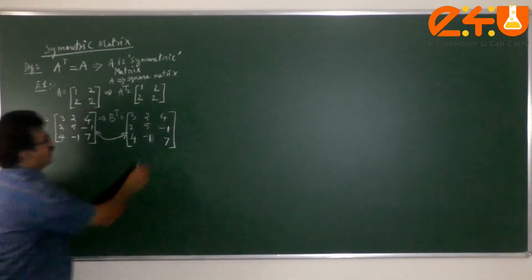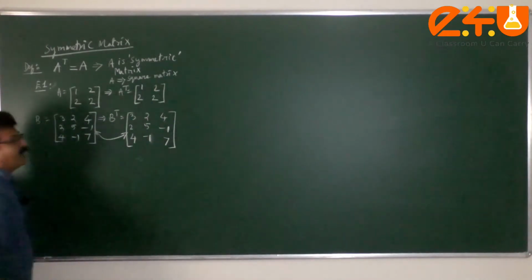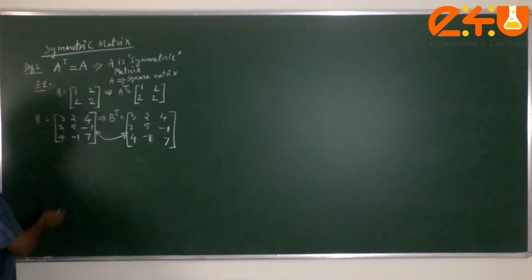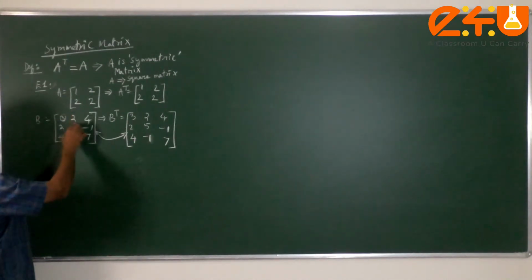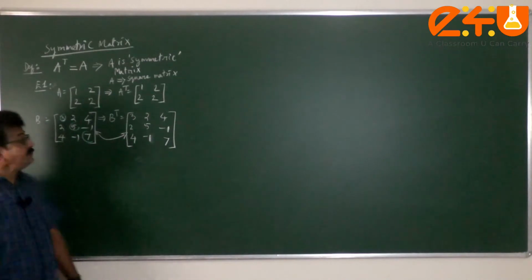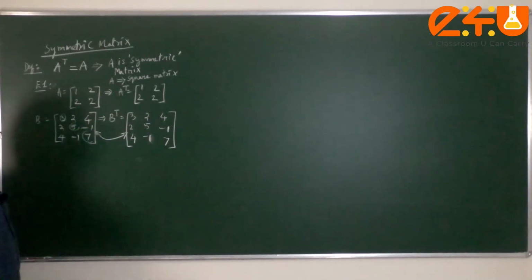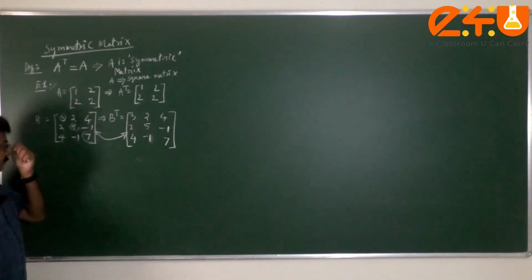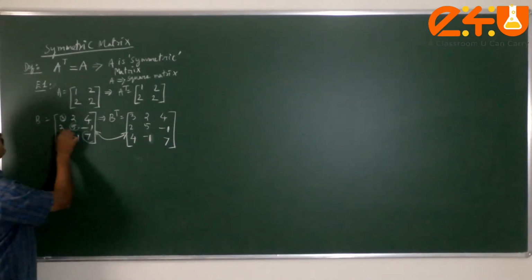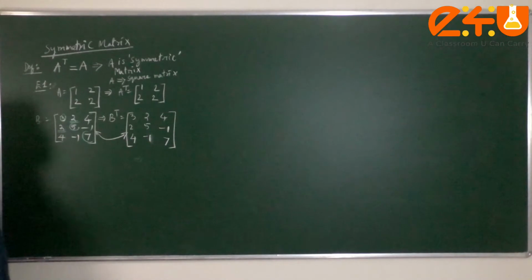A few students could have noticed what I was doing when I wrote the matrix. I was writing the diagonal elements first and then filling the elements in the rest of the positions. But I ensured that I was writing the same 2 in 2 places.